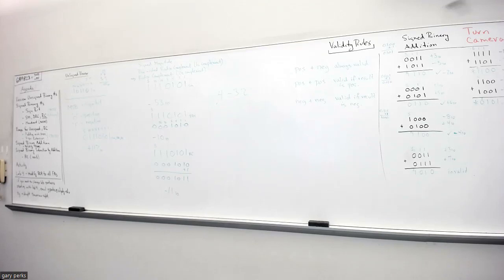And again, we would ignore this bit here because it's left of the sign bit. So you see we're taking plus 5 and we're adding it to minus 3. Is this a valid result? Yeah, we're adding a positive and a negative, so it's valid. And then if you check it with base 10, this comes out to plus 2, right? This is 2 plus 2.